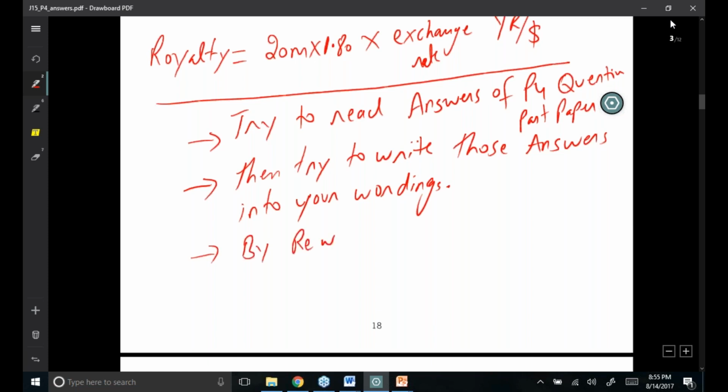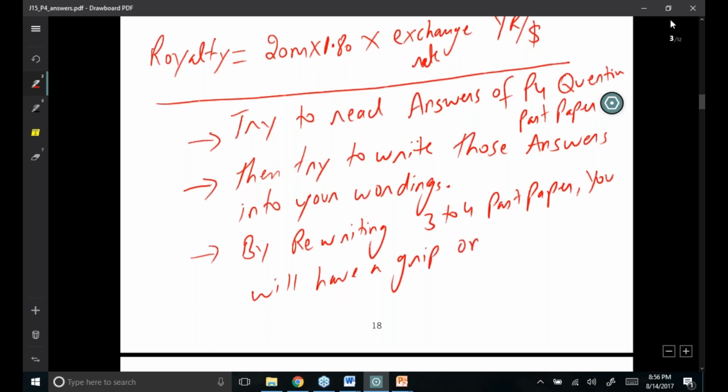By rewriting 3 to 4 past papers, you will have a grip on theory, and that is the best way. You will have a grip on theory if you just rewrite at least 3 to 4 past papers. And rewriting a past paper means you have to rewrite all the questions of the past papers.